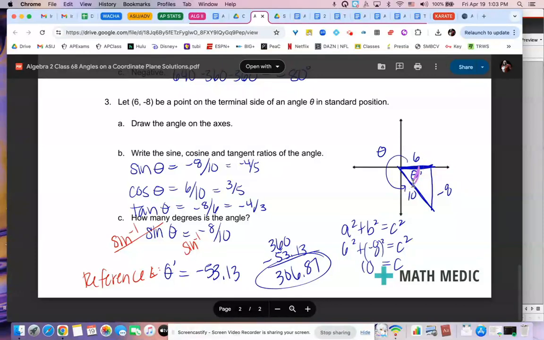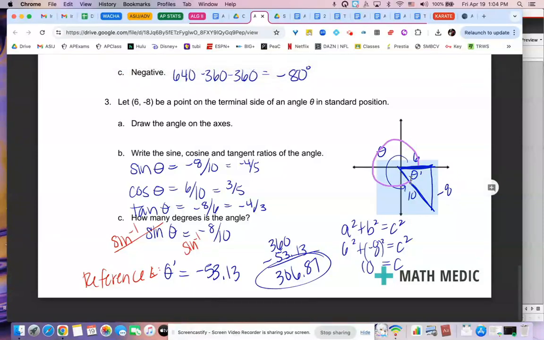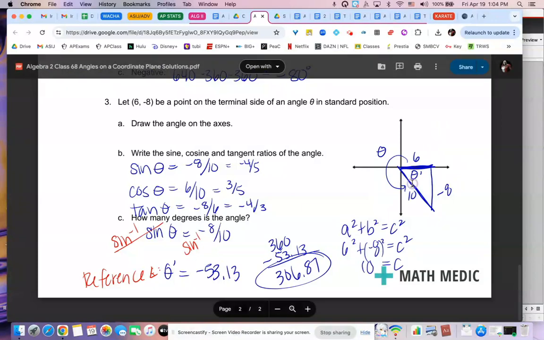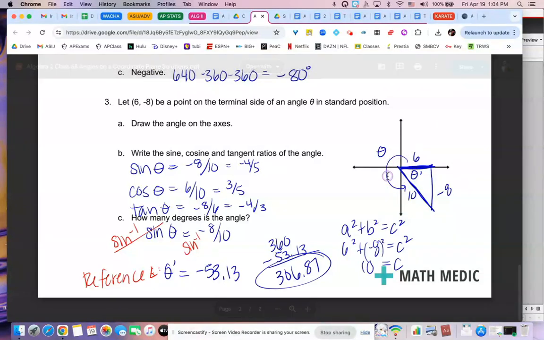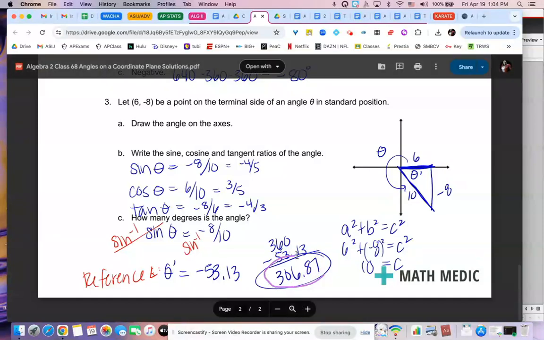You can transfer that over, and say, if I take 360 and take away that 53, I'll end up with this actual positive angle, this big one over here, which ends up being 306.